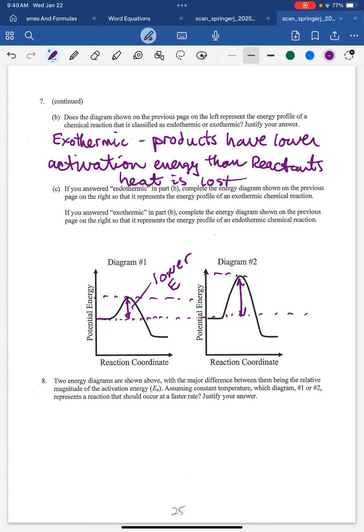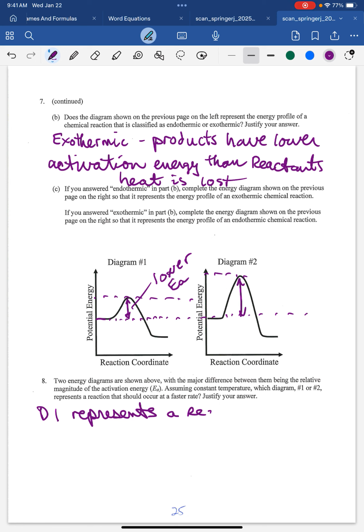E sub A is activation energy, by the way. So if it takes less energy to get over the hill, it'll go faster. We'll get over the hill faster. So diagram 1 represents, it's less clicky if I write in cursive. I hope you can read my cursive.